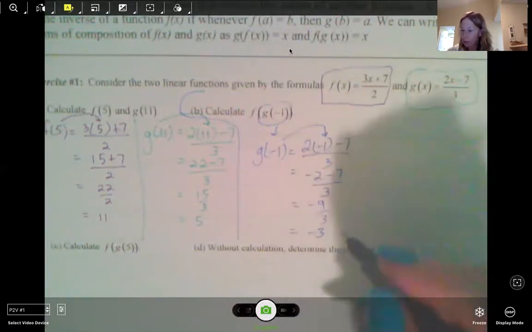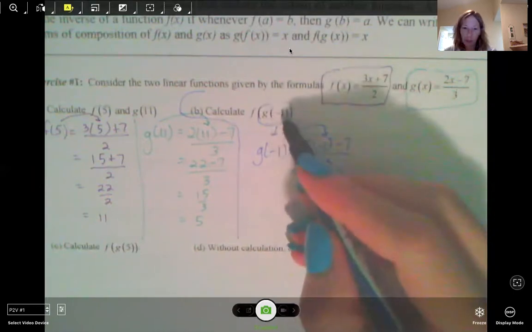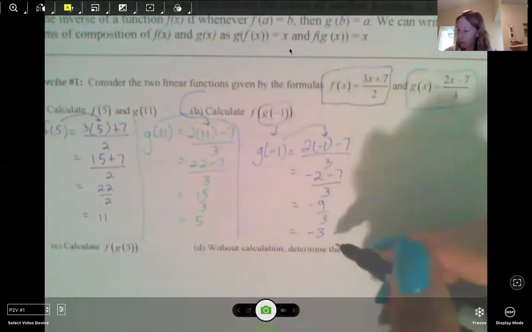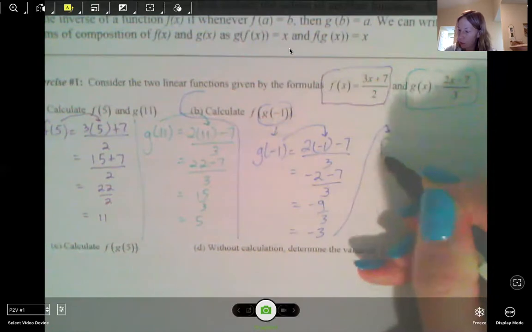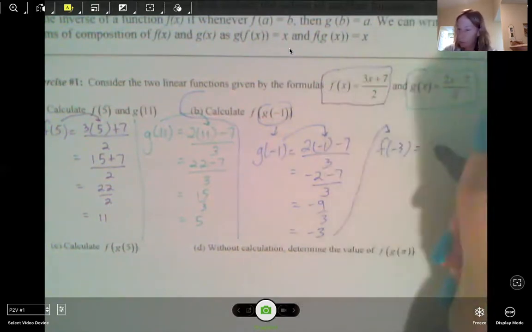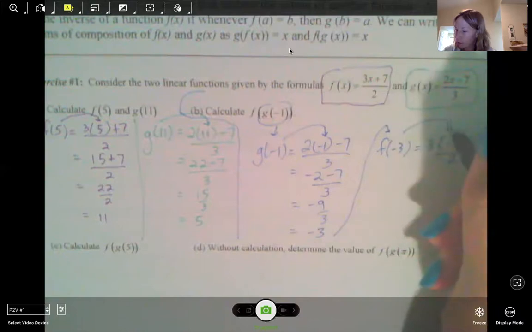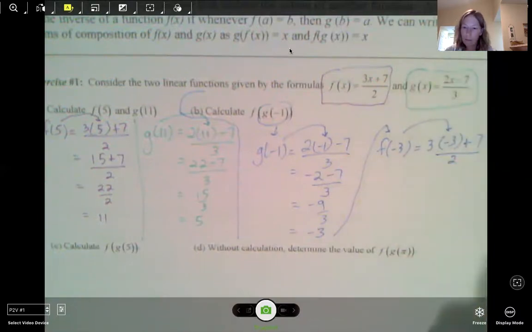Now, remember, once we find the output value for g of -1, we take that output value and plug it into f. So now we're using this rule, which says 3 times some input value plus 7, divided by 2. So again, this is my new input value.